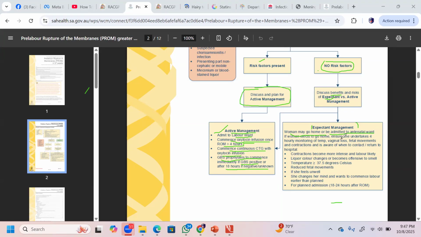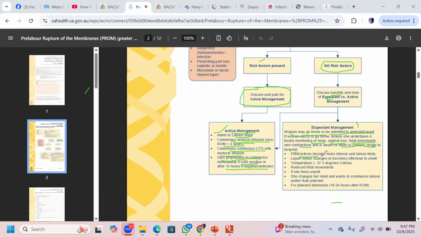If the woman elects to go home, ensure she takes 4 hourly monitoring of temperature. You have to advise 4 hourly temperature monitoring, and monitoring of any vaginal loss, fetal movement and contractions. And you will advise that if she feels something from that, she has to return to the hospital.